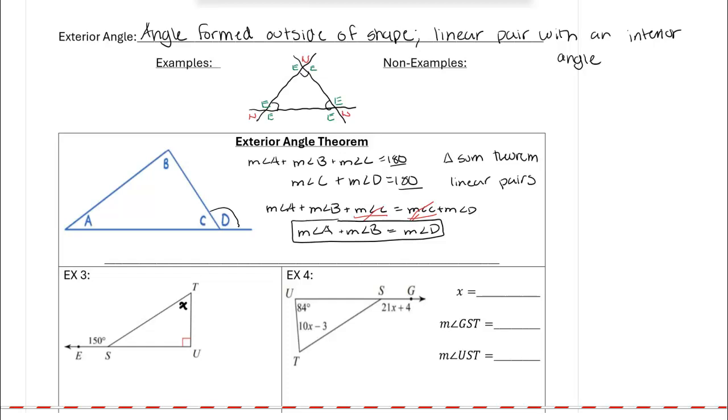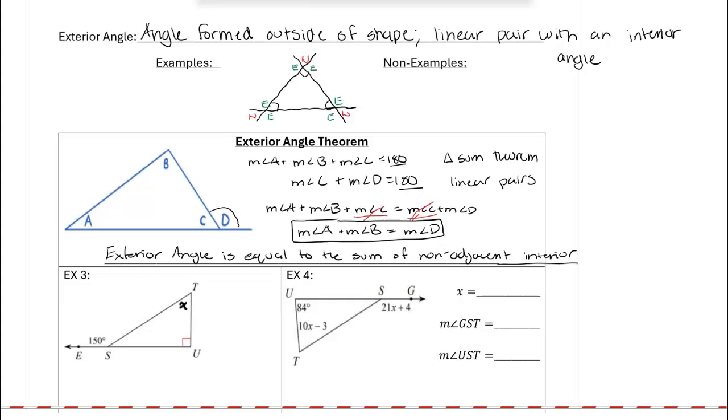So to formalize our definition, we're going to say that an exterior angle is equal to the sum of the non-adjacent interior angles.